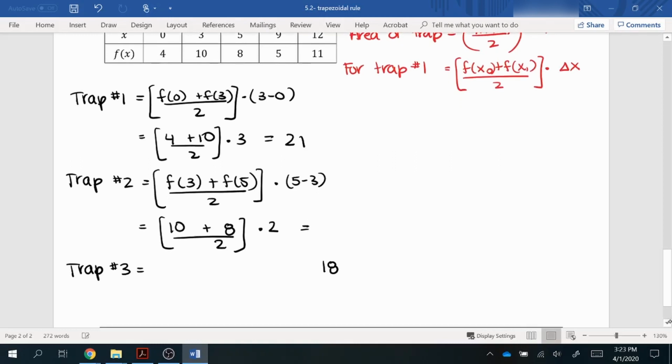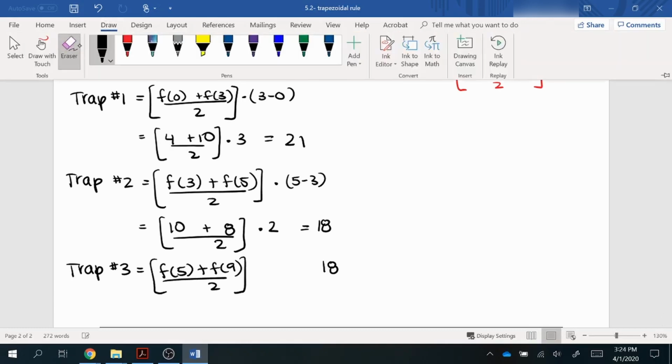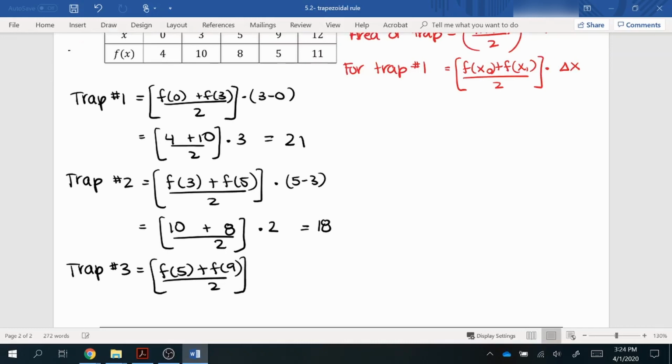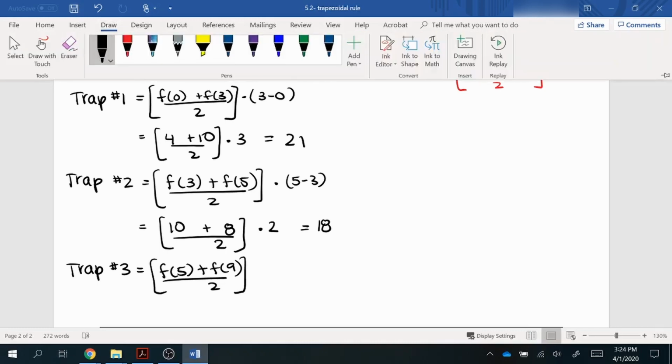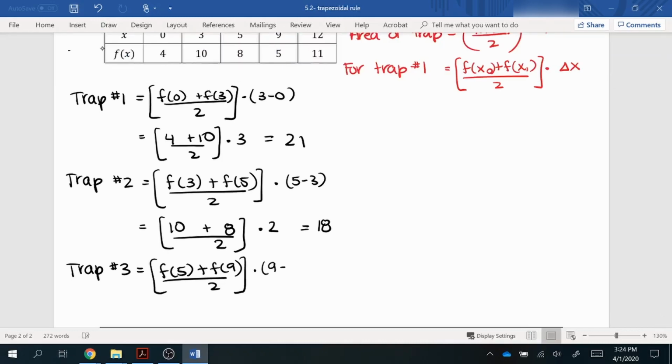Trapezoid number 3 is going to be f of 5 plus f of 9 over 2. Okay. Let's fix this. Okay. Times 9 minus 5. So this is going to give us f of 5 is 8 plus f of 9 is 5 over 2 times 4. The trapezoid number 3 gives us 26.